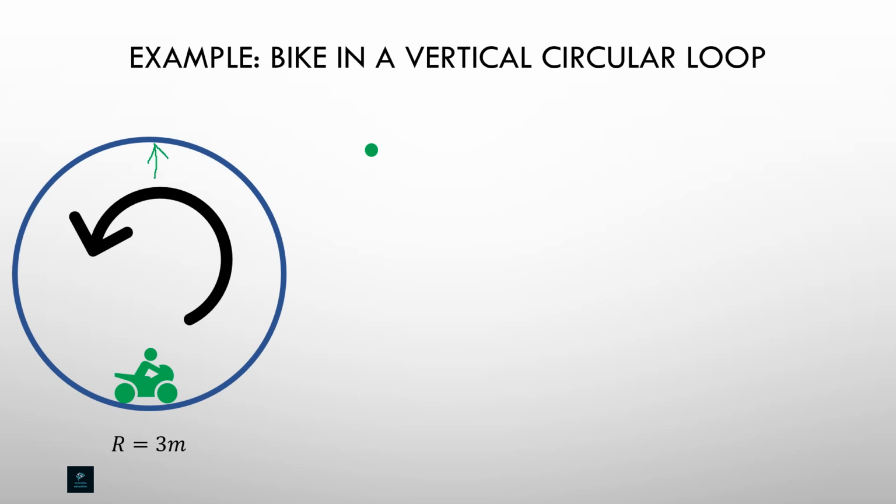At the topmost location, the forces acting on the bike are the gravitational force and the normal force, both acting in the vertically downward direction, and the acceleration of the bike is also vertically downward. This acceleration is the centripetal acceleration v square by r.